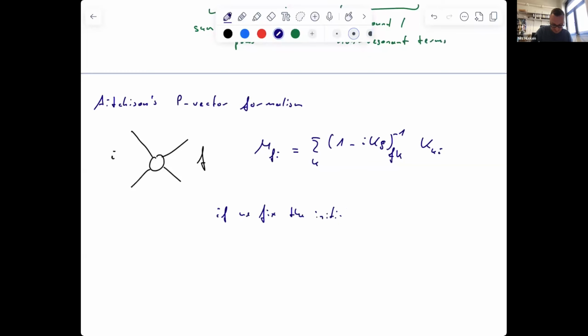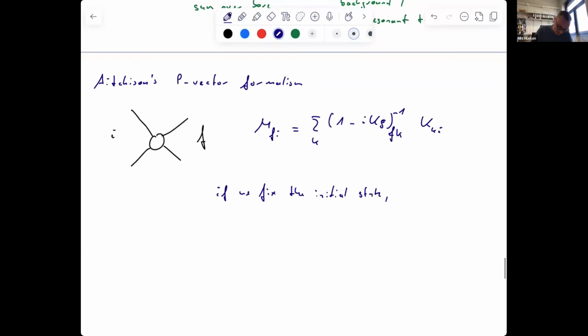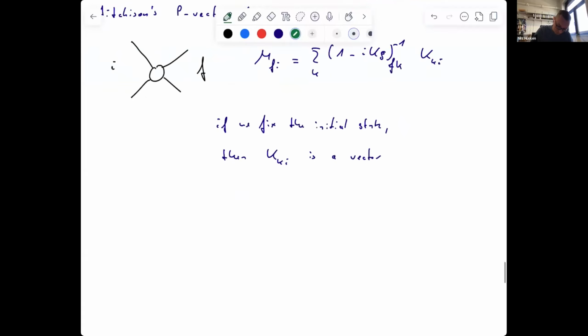We run an experiment where that initial state is always the same, doesn't matter which one. What that means is that this right-hand side, K, Ki, that's just a vector. So we can use this to define the p-vector with index K, just this element of the K-matrix.